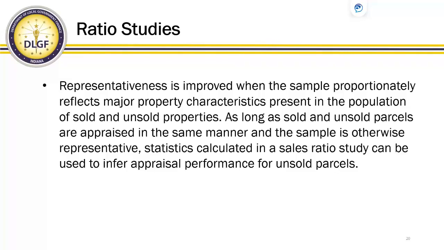In one way or another, we want to find a way to increase the representativeness. One way could be to expand that sales window so that it includes a more proportional amount of improved commercial sales. But really, that's just one of several different ways you can improve the representativeness of the sample.